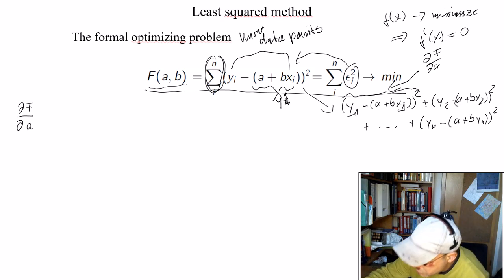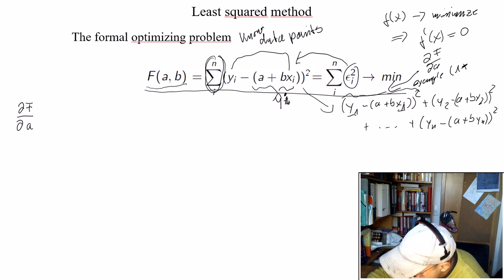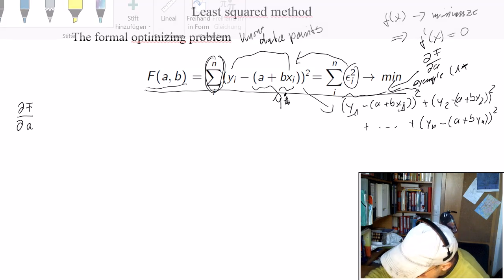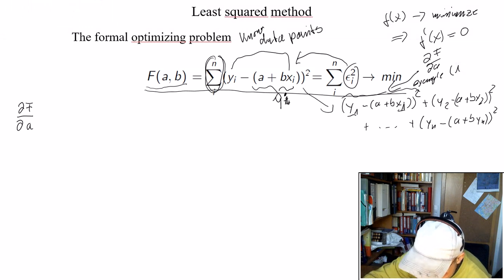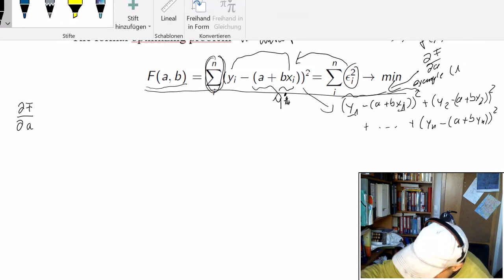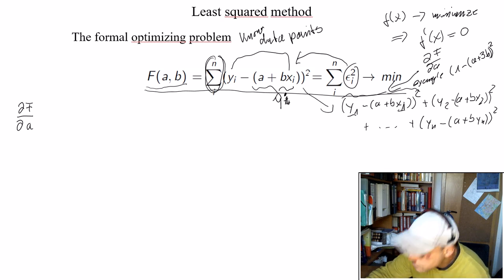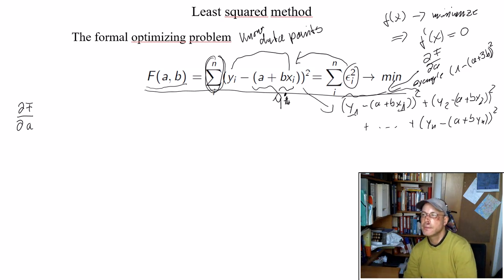Think of, if we just assume as an example, this would be maybe 1 minus (a plus, let's say, 3b), closing brackets, and squaring.